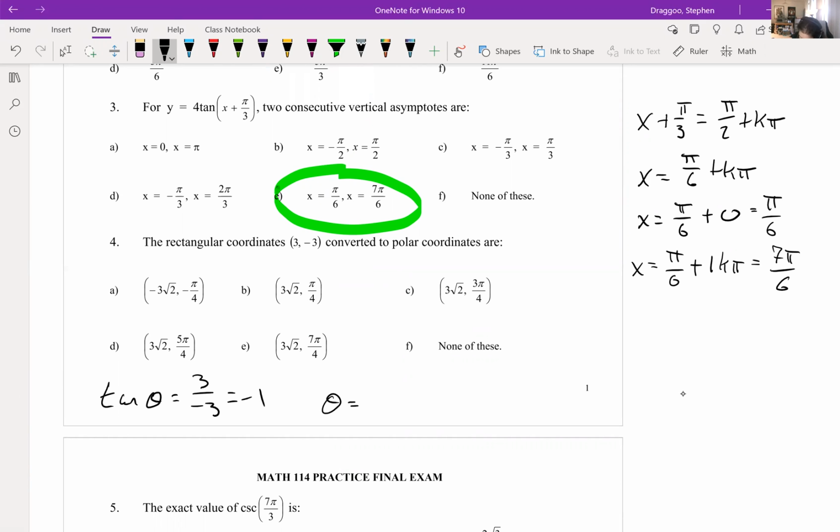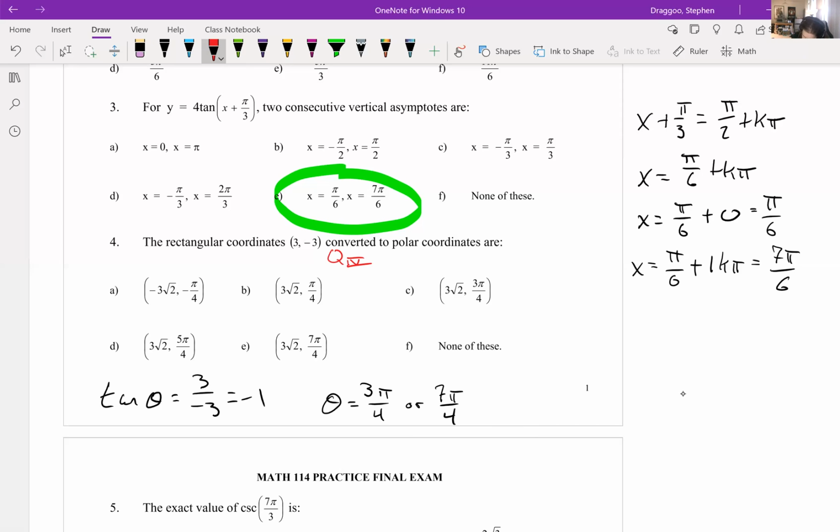So theta is probably going to be 3 pi over 4 or 7 pi over 4. Looking at our coordinate, we have a positive x value and a negative y value, which means we're in quadrant 4.